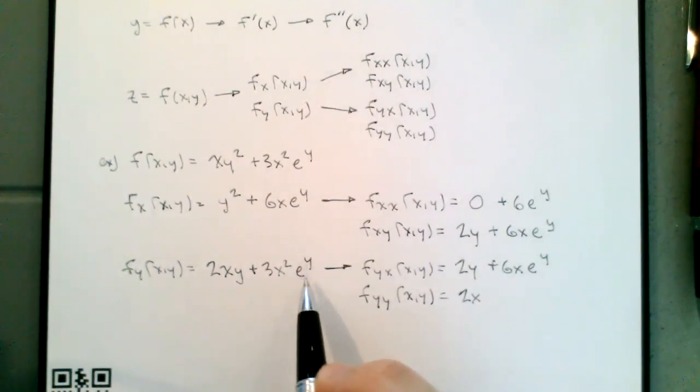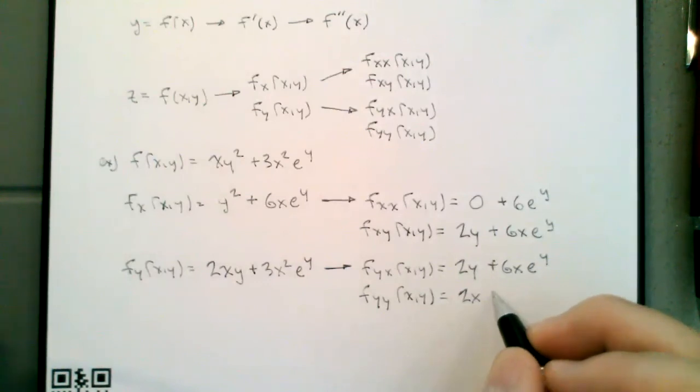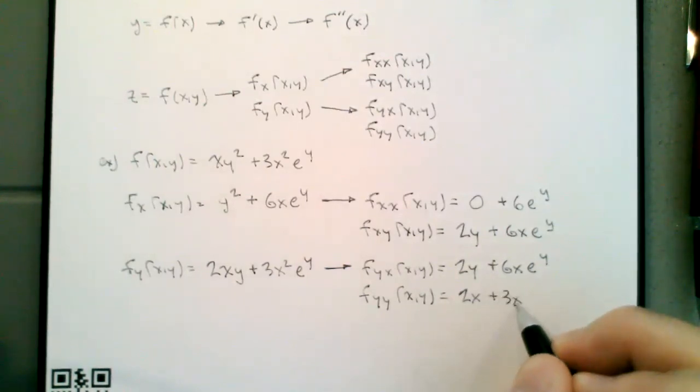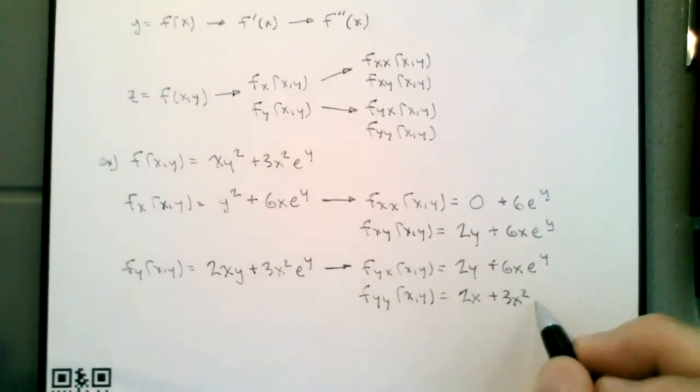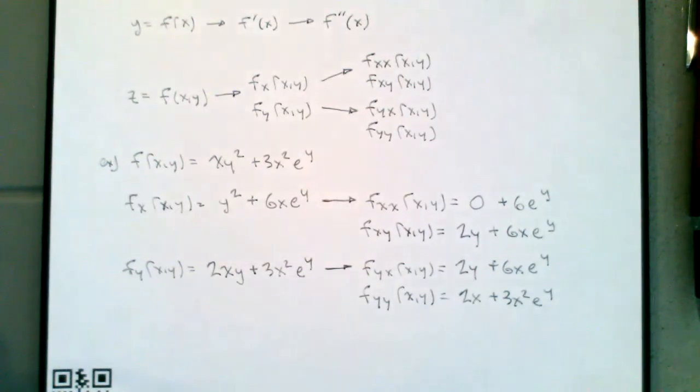E to the y is the function. The derivative of e to the y is e to the y. So I have 2x plus 3x squared, constant factor with respect to y, times e to the y, the derivative with respect to y. So here are our 4 second partial derivatives.